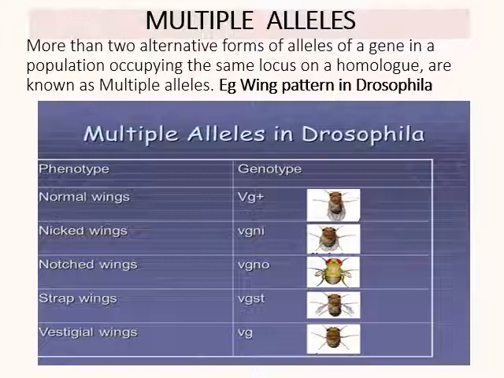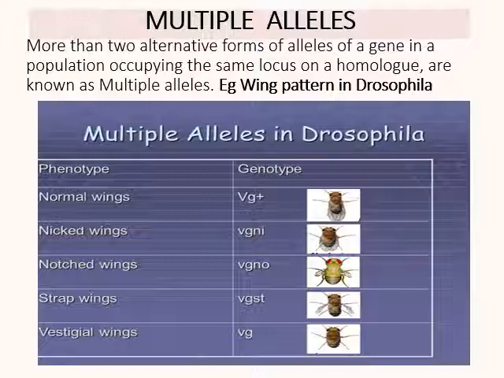So you can see the different structures of the wings in this Drosophila. And in the last, wings do not appear or are not seen, it is vestigial wings. So the single character, that is size of the wings, but alleles are different. That's why we call them multiple alleles.